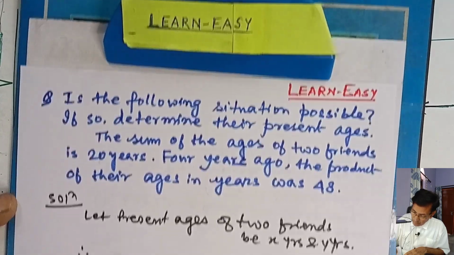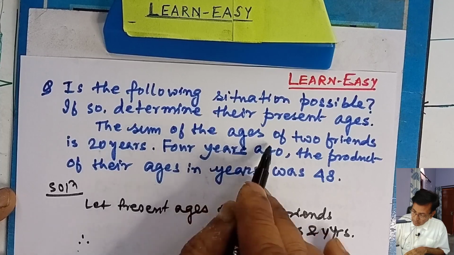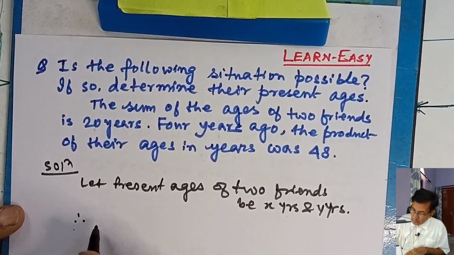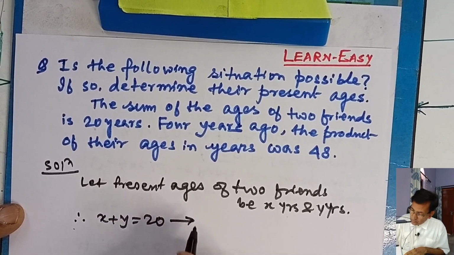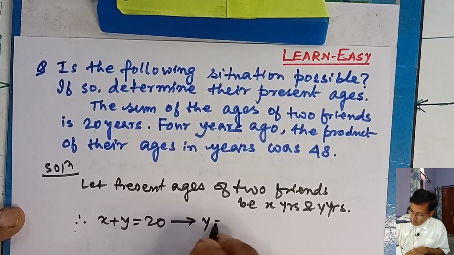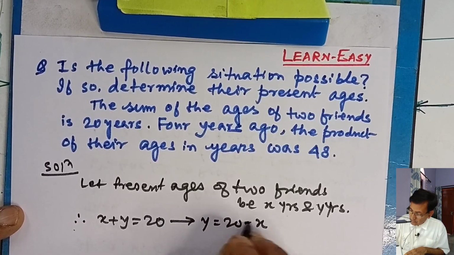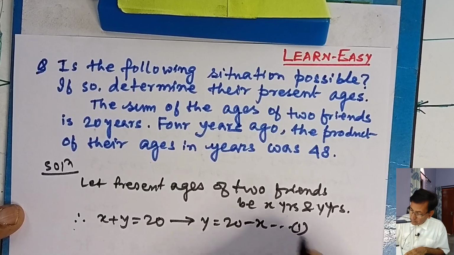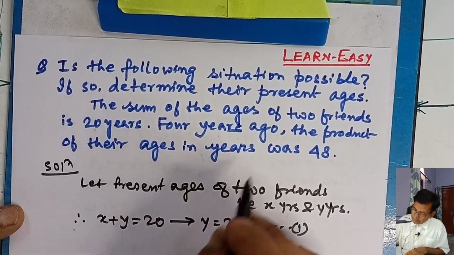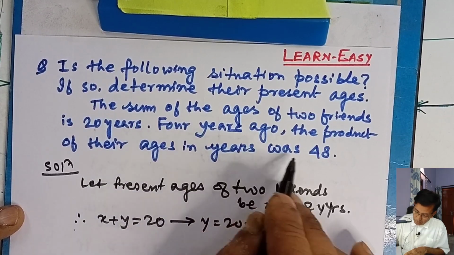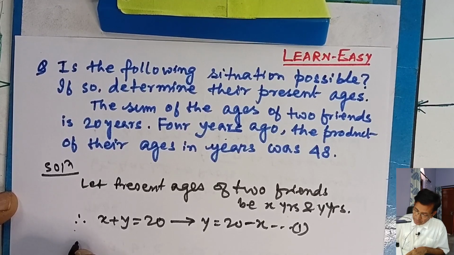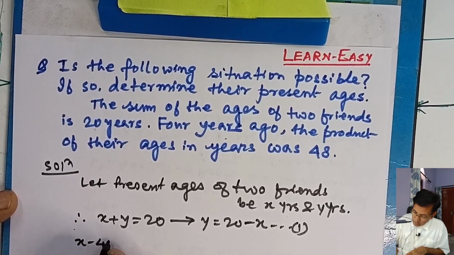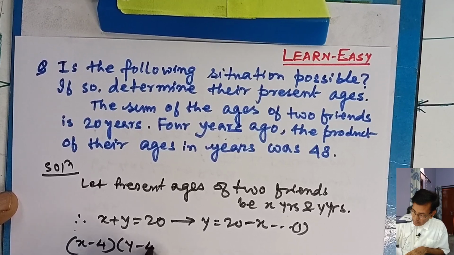Therefore, the sum of the ages of the two friends is 20 years, X plus Y is equal to 20. This gives Y is equal to 20 minus X. This is equation number 1. And the product of the ages in years was 48, 4 years ago. 4 years ago, their ages were X minus 4 and Y minus 4. The product is 48.